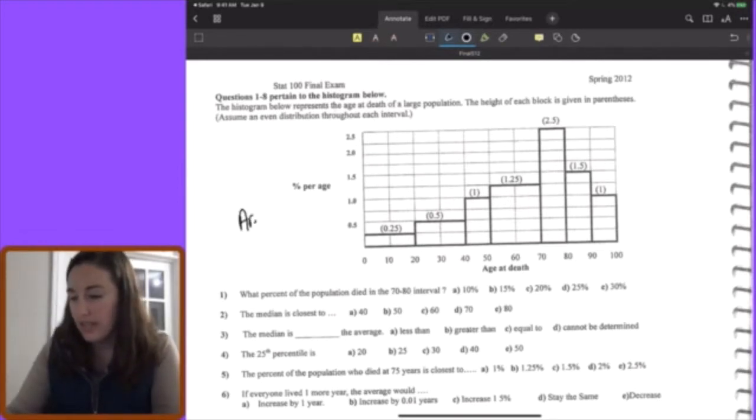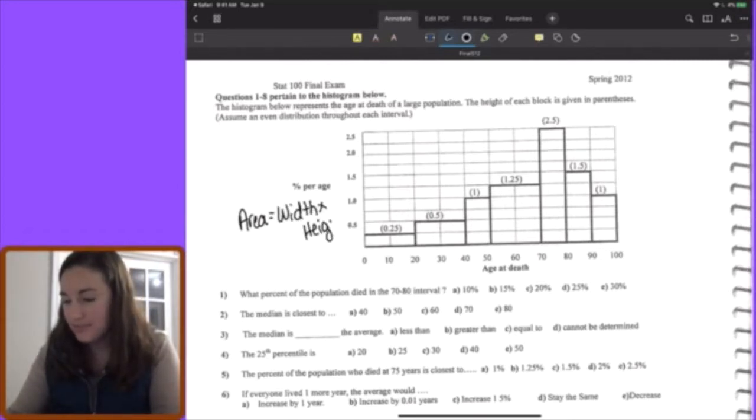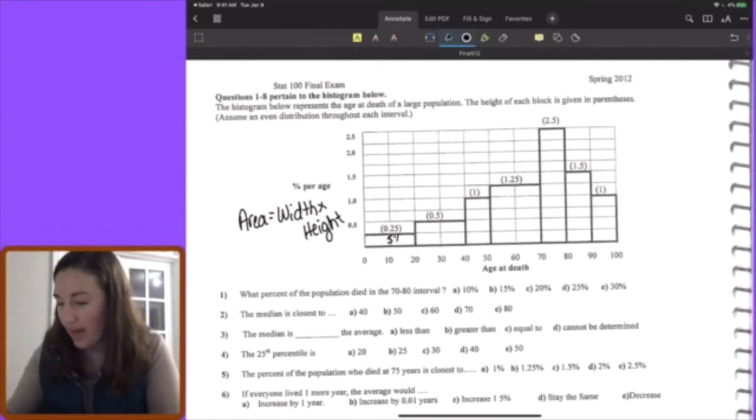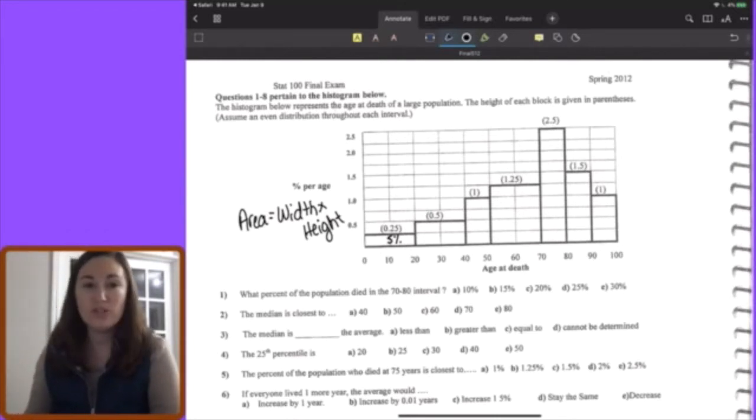So area is width times height. And so for the first one, the width is from 0 to 20, so it's 20, and the height is 0.25. So that gives me 5%. So that means that 5% of people died between the ages of 0 and 20. And then I can go ahead and fill in the rest of these.